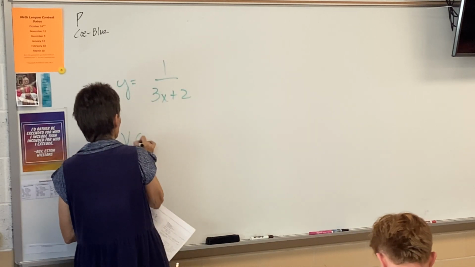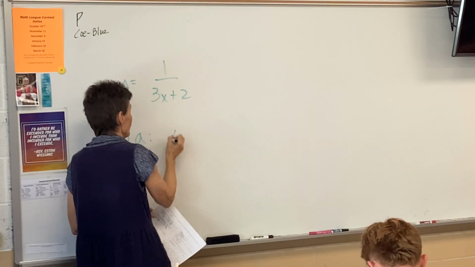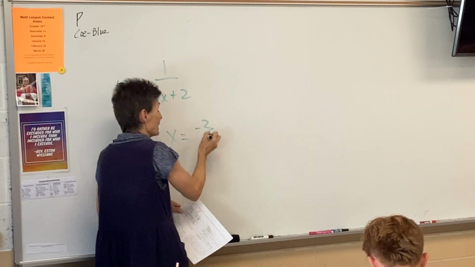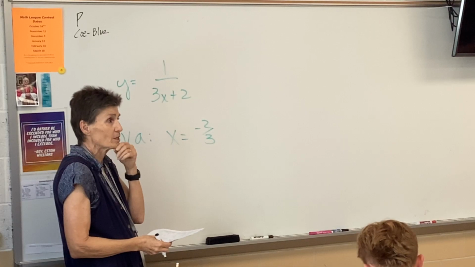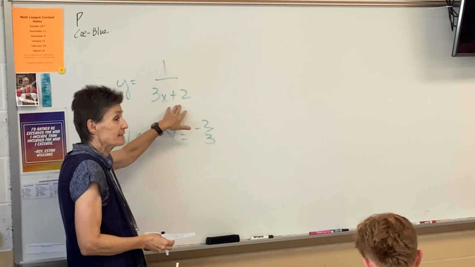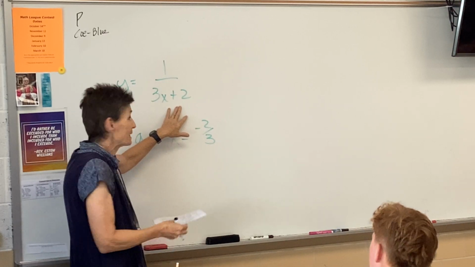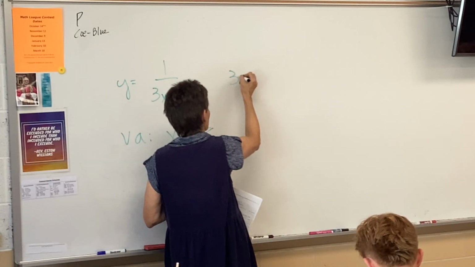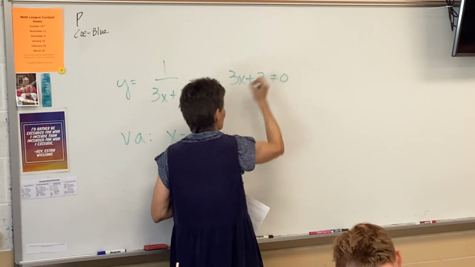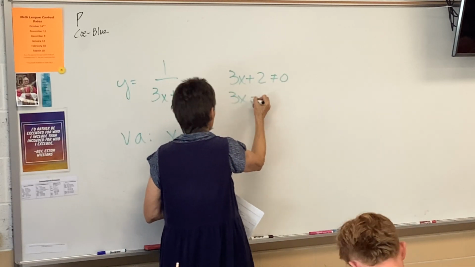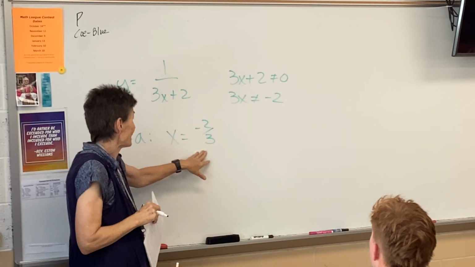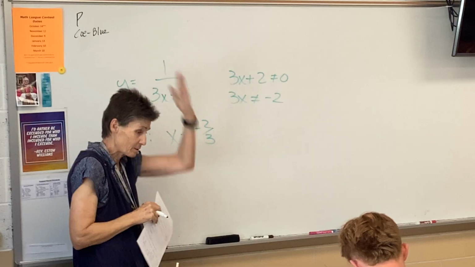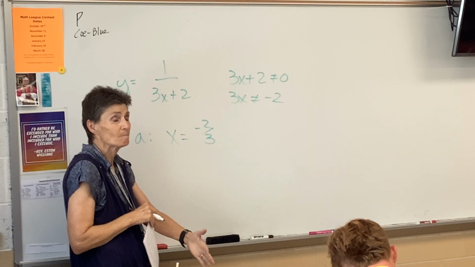Now when I look at B, it does have a denominator. So it's going to have a vertical asymptote, and the vertical asymptote is going to be at -2/3. How did I get -2/3? I set the denominator equal to 0 because I know that denominators cannot be 0. So x is not going to be able to be -2/3. That is my vertical asymptote. That's where the picture comes apart.